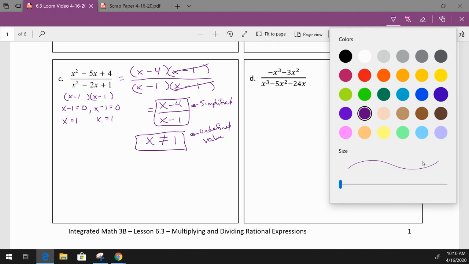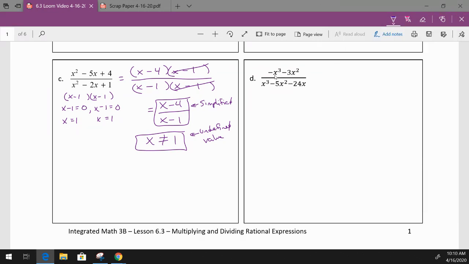So the next one here now has a negative in front, and it is in the proper order. So you always want to try to put these polynomials in standard form before you start factoring them. So if I look at my numerator, I do have to factor out a negative, or a -1 if you want to put a 1 there. And then they both have x's, but the second term only has an x squared.